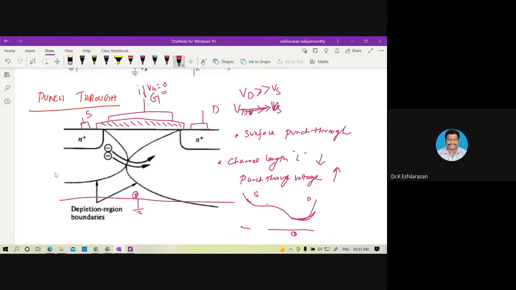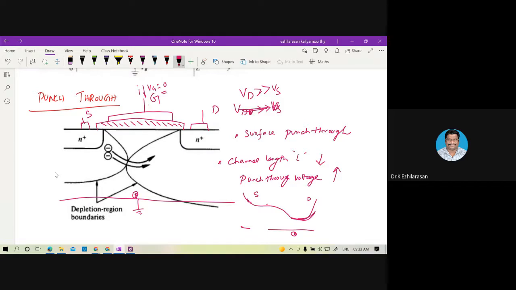So the depletion region at the drain-substrate and the source-substrate junction extends into the channel. As the reverse bias across the junction increases, it also pushes the junctions nearer to each other. So when the combination of the channel length and the reverse bias leads to the merging of the depletion regions, that is punch through.